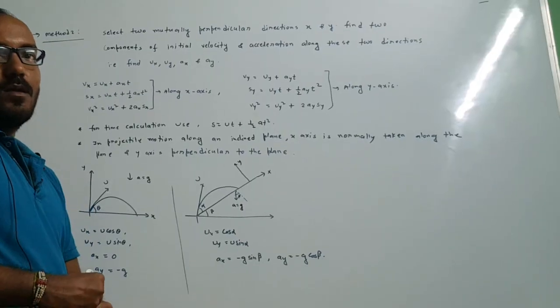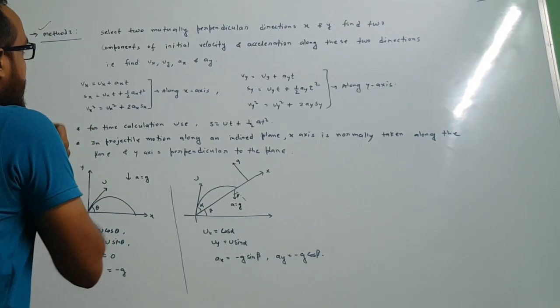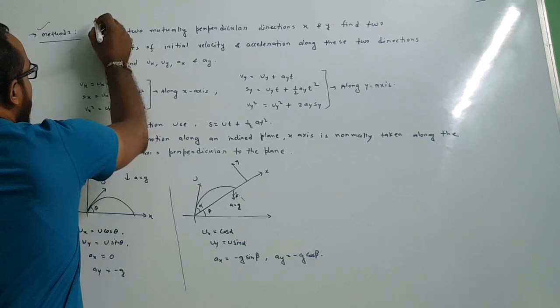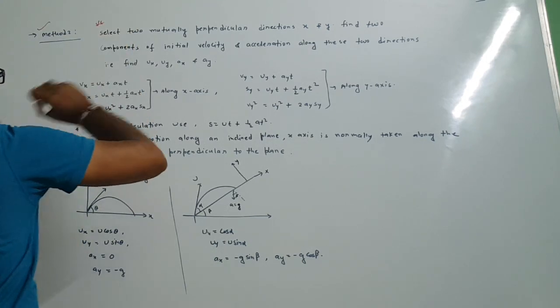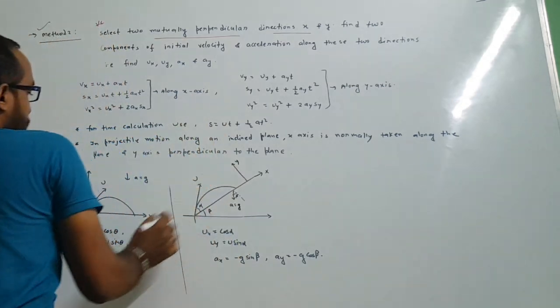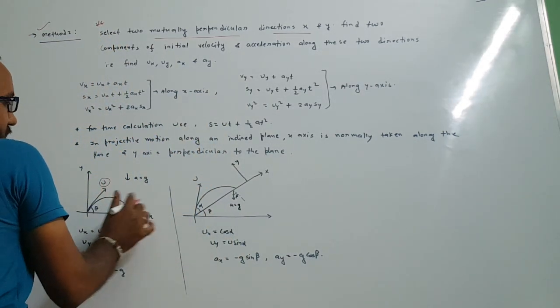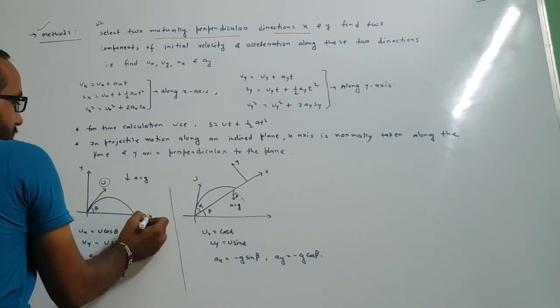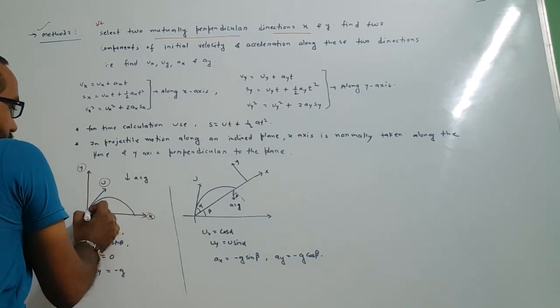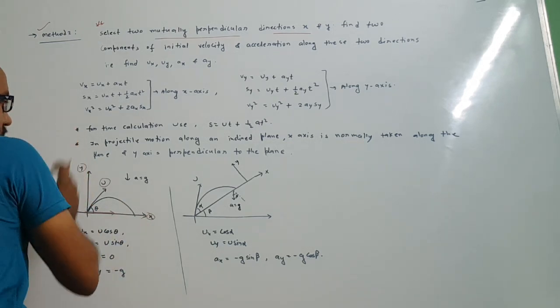These methods are extended. So let us see our method 2 of solving projectile motion. In this method, this is very important, please concentrate. Select two mutually perpendicular directions x and y. In the normal projectile motion, in the horizontal plane, we already know that the x-axis and y-axis are perpendicular, so we choose the horizontal direction as x, i cap, and y, j cap.